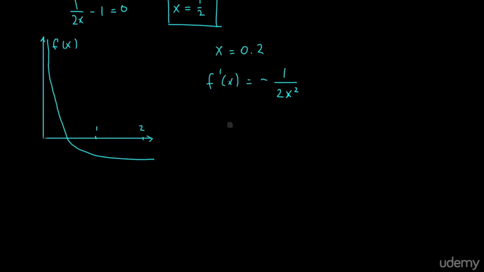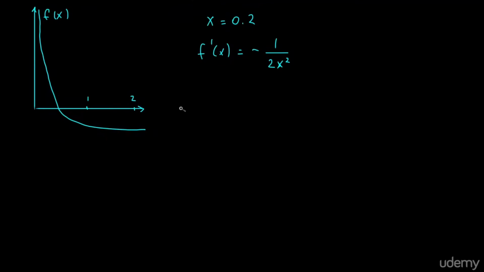So we can formulate the expression for x at i plus 1 as x_i minus f of x_i divided by f prime of x_i. That's Newton's method. And now we perform the substitution.